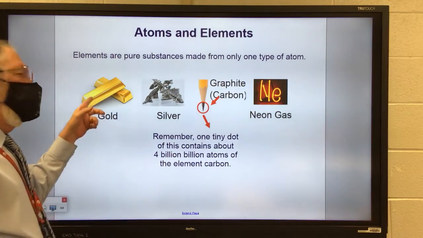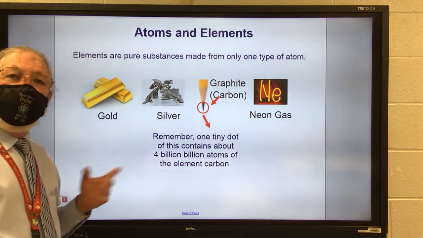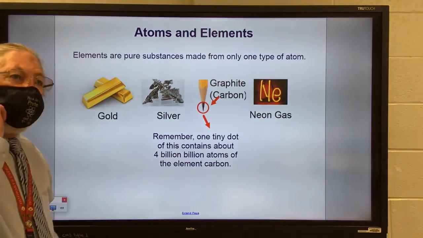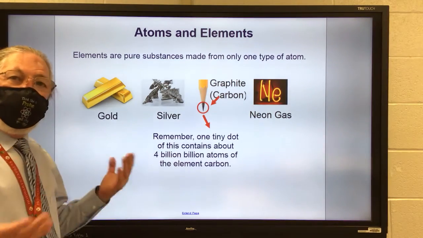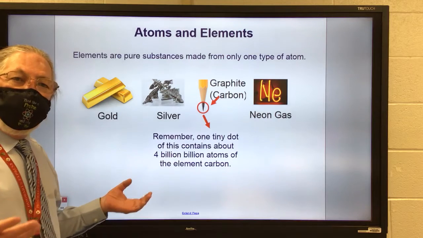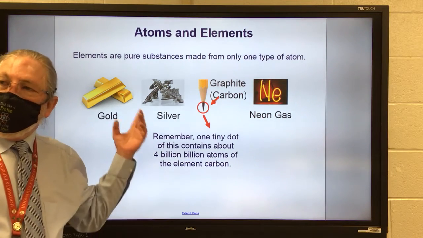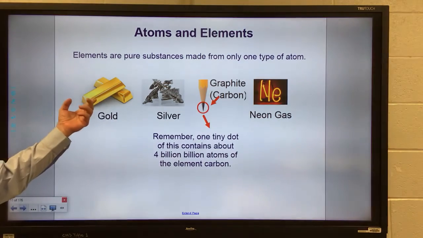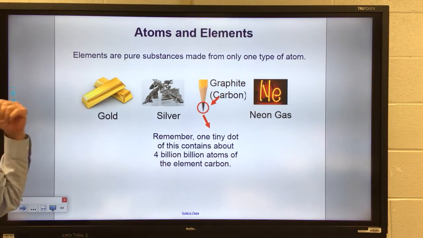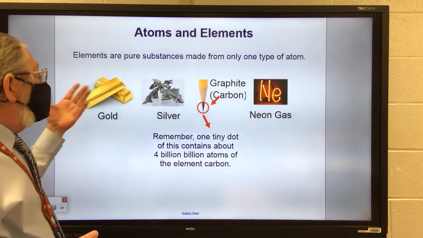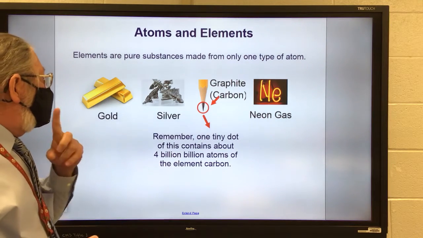For example, look here, gold is an element. Okay, gold is an element. So if it's pure gold, all of its atoms are made up of what? Gold. Yeah, all these are gold atoms. Okay, so elements are pure substances made from only one type of atom.